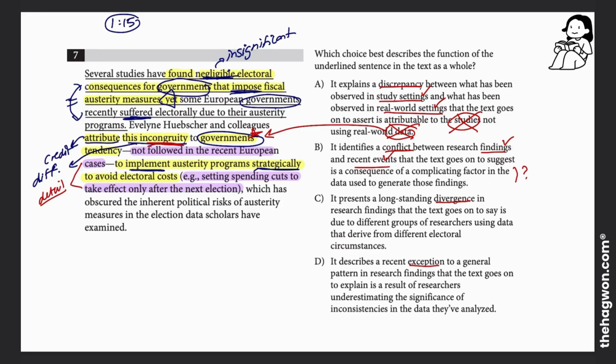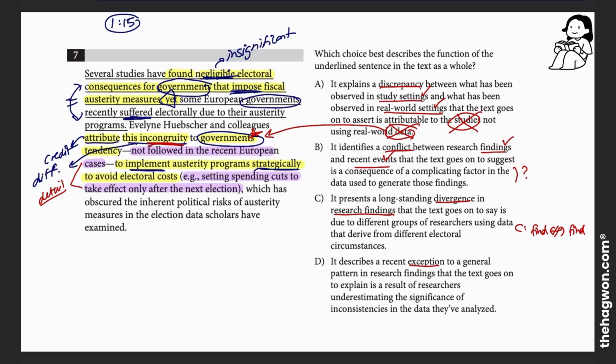Answer choice C says there's a divergence in the research findings. Immediately I'm going to stop, because what C is saying is that there's a difference in the findings. So what answer choice C is saying is that here's a finding and here's a finding and they oppose each other.